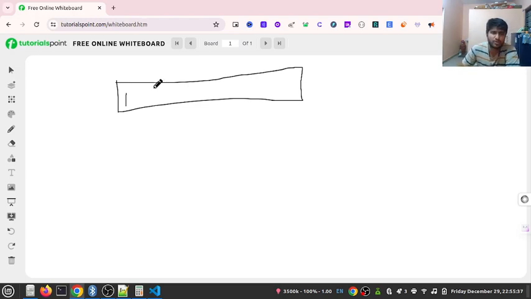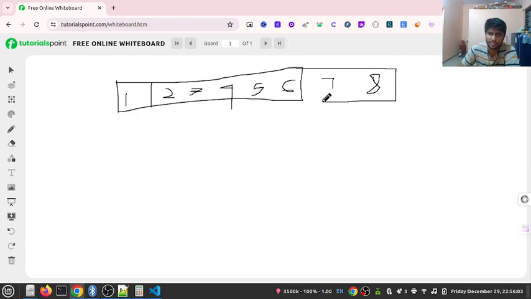Let's say there is 1, 2, 3, 4, 5 and 6. So what you will do is divide this. Divide and conquer, right? We are dividing and finding that element, basically.